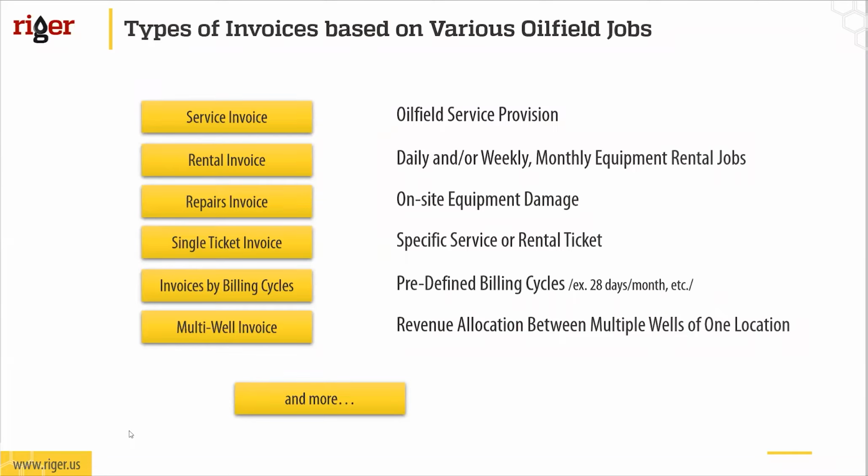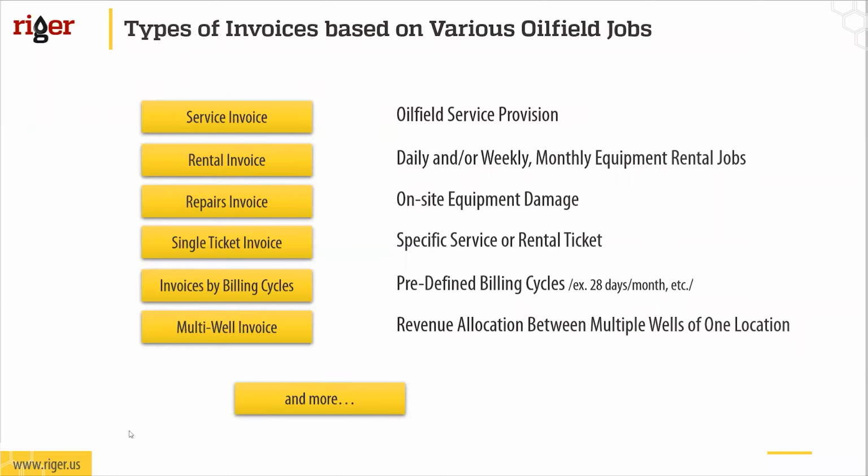And probably the most complex type of invoices that we have incorporated in RigER is the multi-well allocation for revenue between, again, multiple wells, sublocations of one job. So we may have rental equipment, we may have service provision, we may have consumables, all belonging to one single job, but operating between several wells within one location.